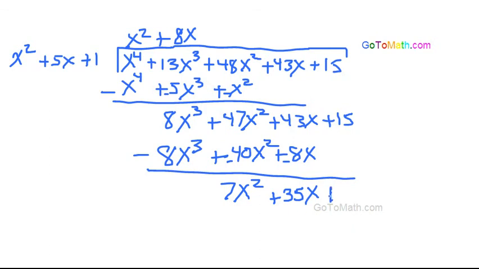Goodness. 15. Okay, so x squared goes into that. So that's going to be 7. Then we go back, multiply. So 7x squared. 7 times 5 is 35x. And that's going to be 7.